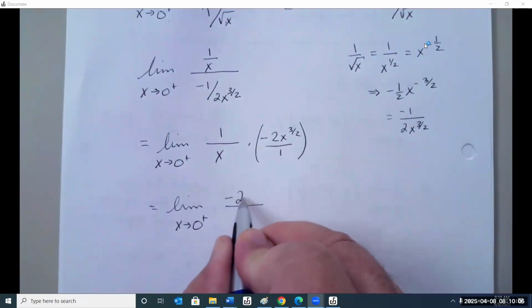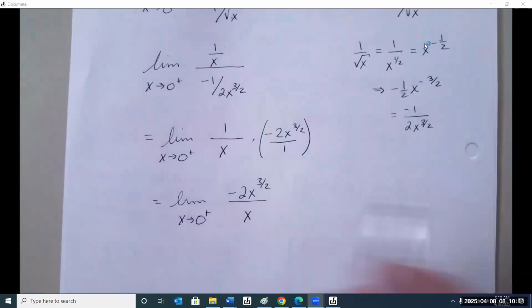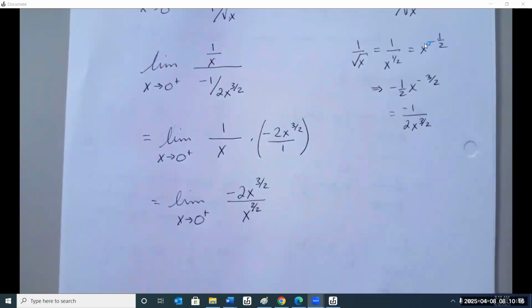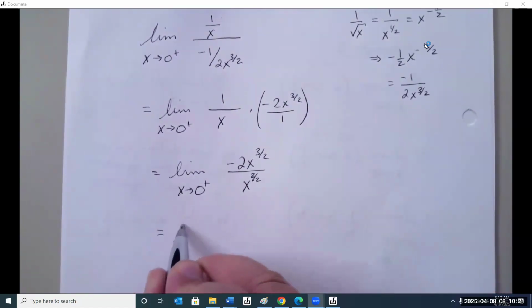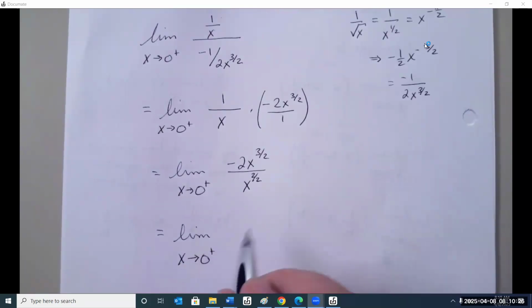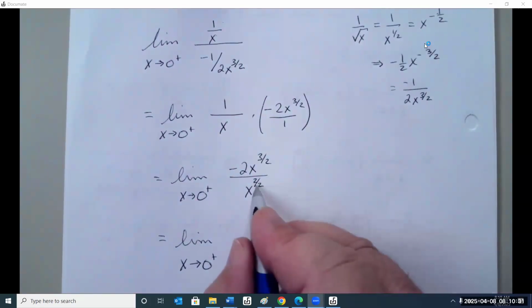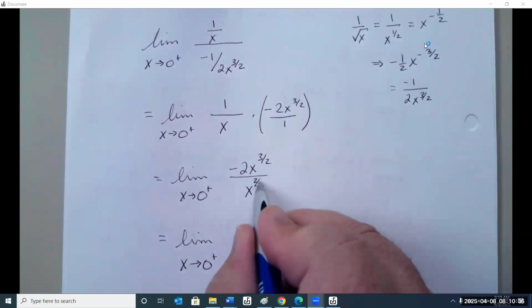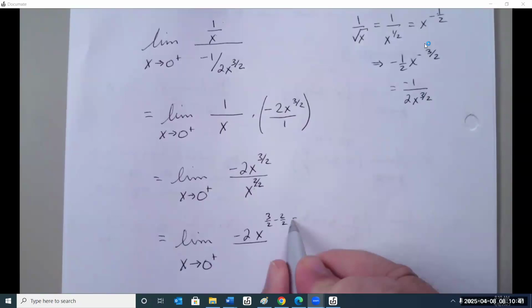So we have 2x to the power 3/2 over x. This is x to the power 1, which is 2 over 2. So since we have exponents on top, subtract the smaller from the larger, so it's 3/2 minus 2/2, which equals 1/2.